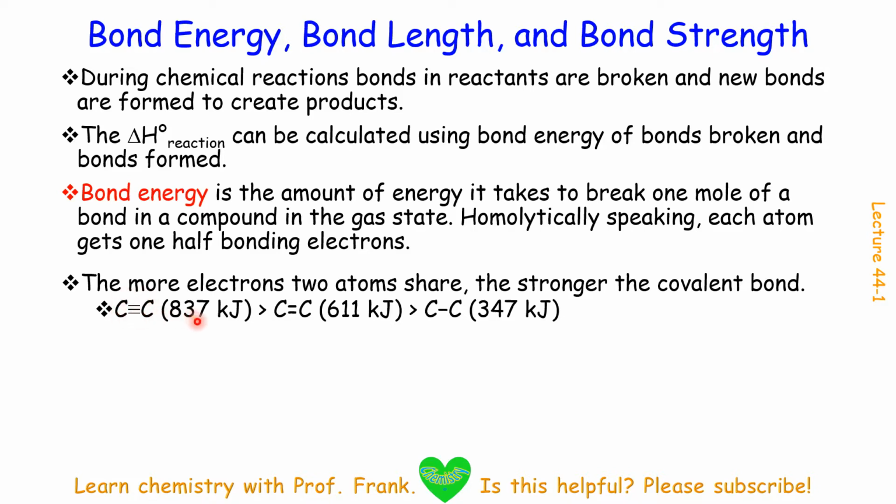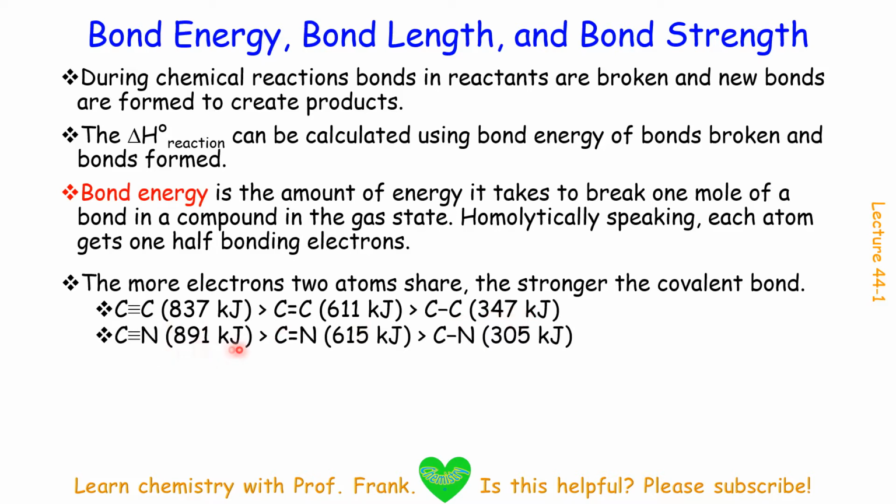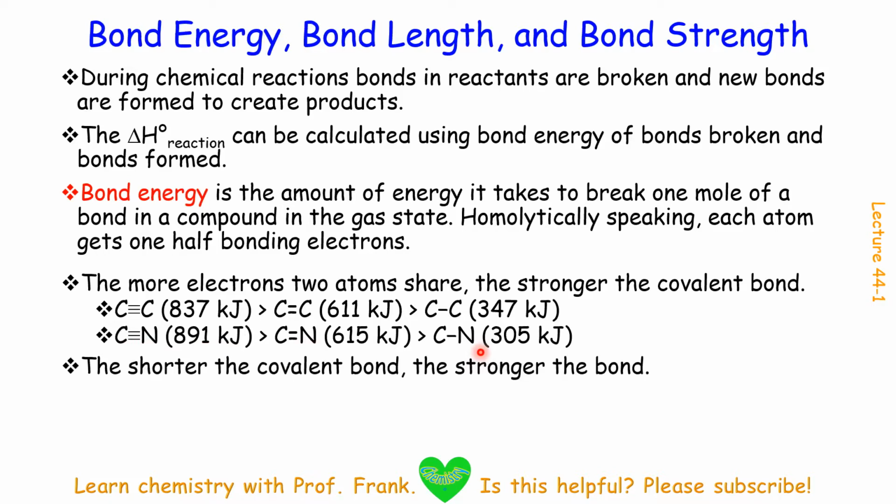The bond energy is 837 kilojoules, versus a carbon-carbon single bond, where only 2 electrons are shared by the 2 carbon atoms, and the bond energy is much, much smaller, 347 kilojoules. The same thing is true for carbon-nitrogen triple bond, double bond, and single bond.